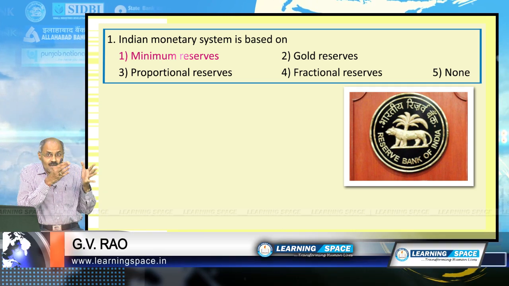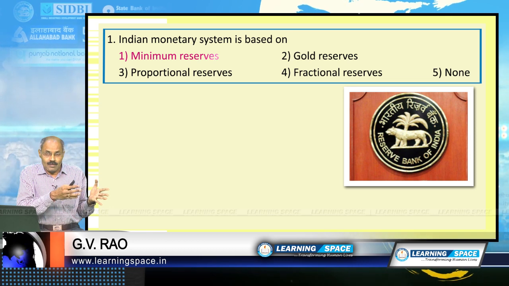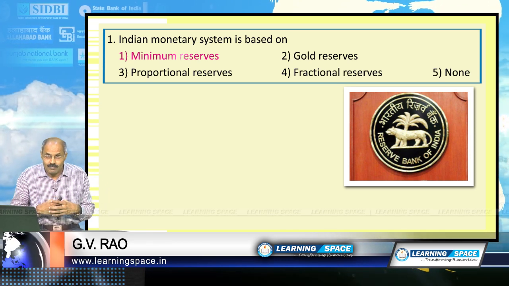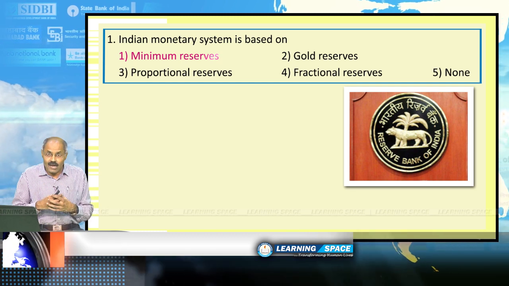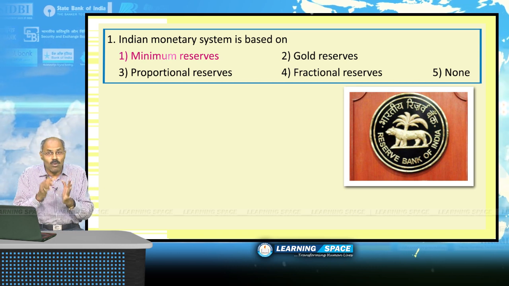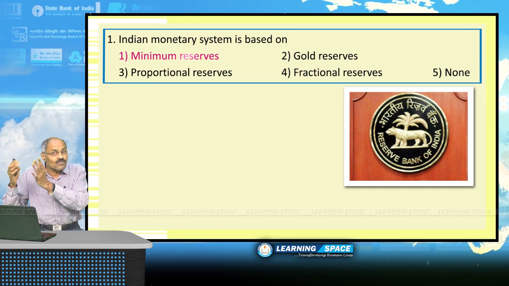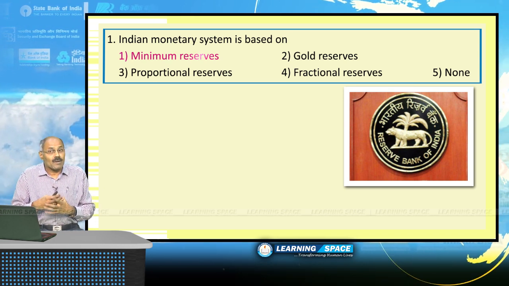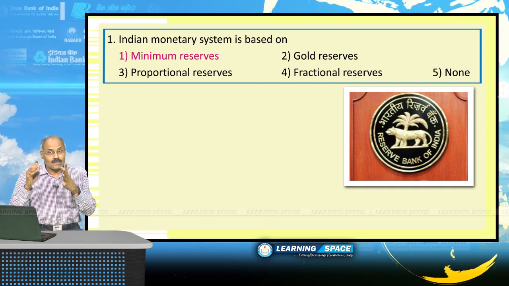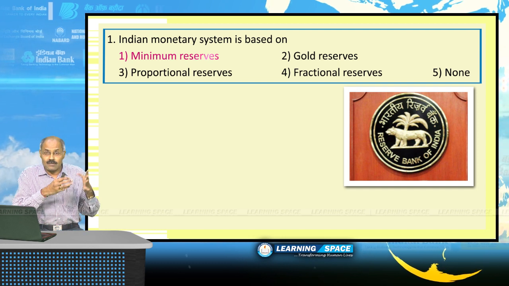In the proportional reserve system, Reserve Bank of India is required to maintain a certain percentage of gold as well as approved foreign currencies. Prior to 1956, it was the proportional reserve system.